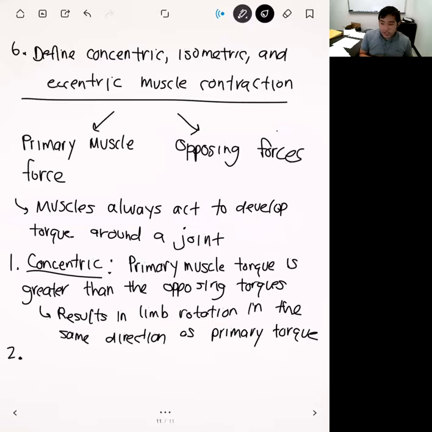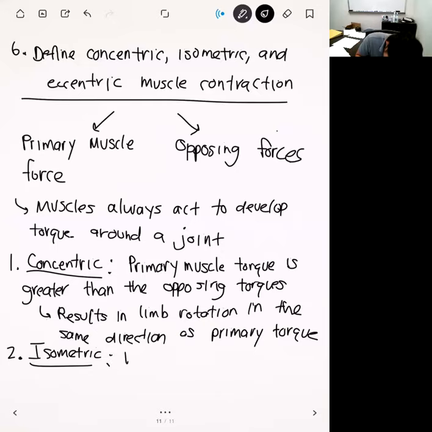All right, and so the next term is isometric contraction. In isometric contraction, the primary muscle torque and the opposing torques are exactly the same in magnitude.